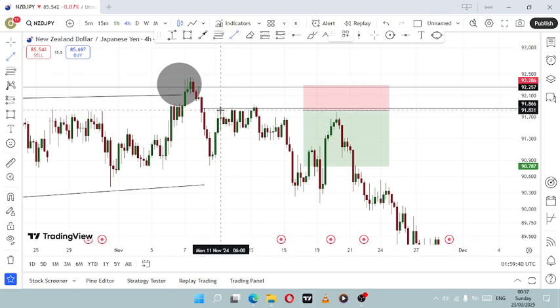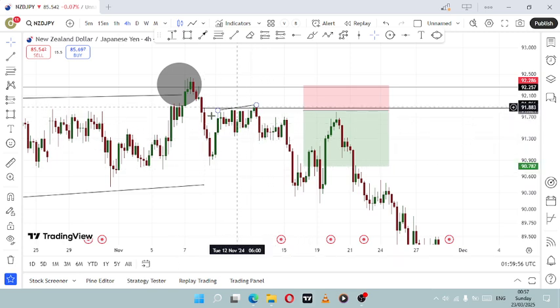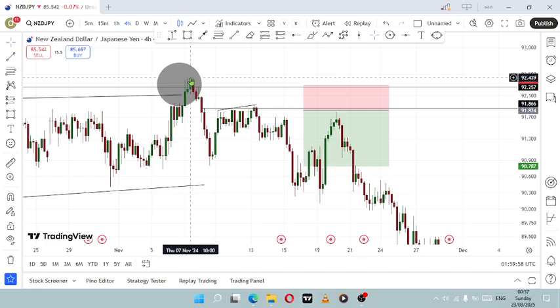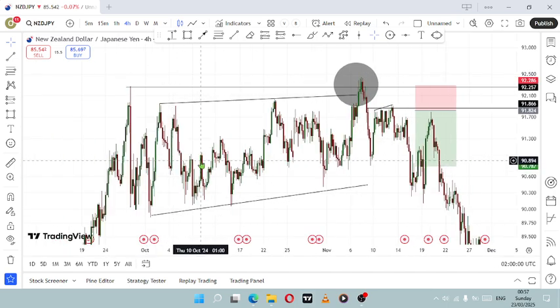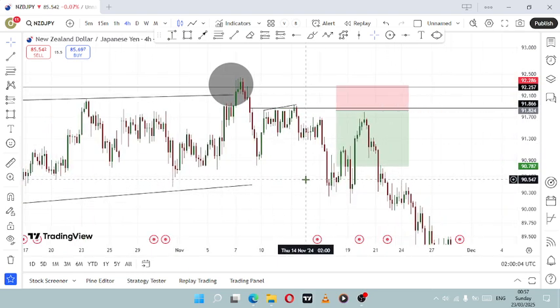This 1, 2, 3 drive is what I'm looking for, and I can see price will possibly make a correction. So this is the third model, and I'll continue the move looking at this reversal. This is a reversal model, but I will take it because of this impulse, this correction and this continuation move that I'm looking out for.